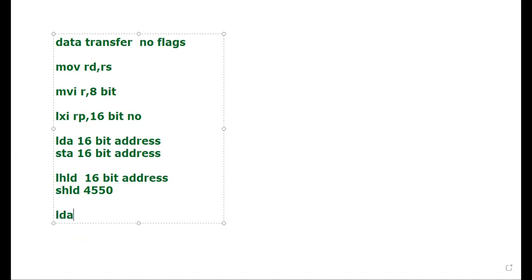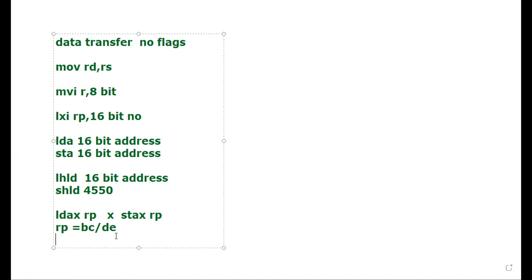Then you have LDAX RP. Exactly opposite is STAX RP. When the address is in the register pair, register pairs can be BC or DE only in this case, because M is for HL, right? So the contents of the address, if the address is in the register pair, then the contents will be moved from the memory to accumulator.